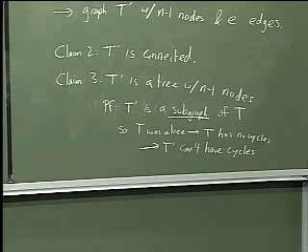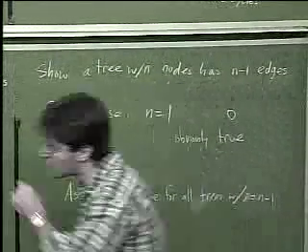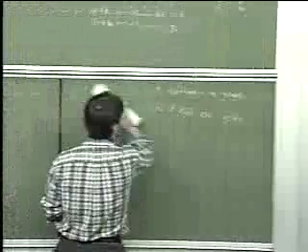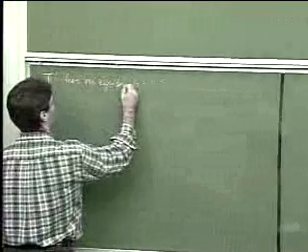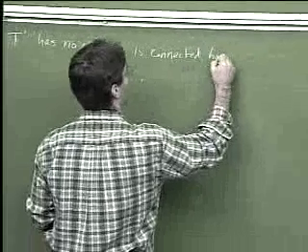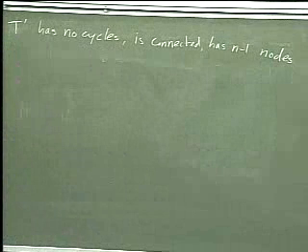Right? Okay, so T prime has no cycles, is connected, has n minus 1 nodes. Right, that's where we're at.